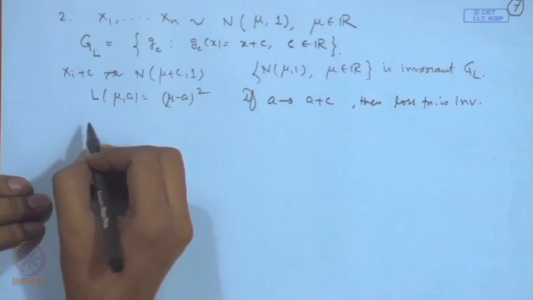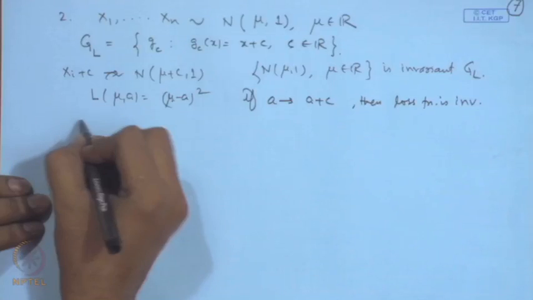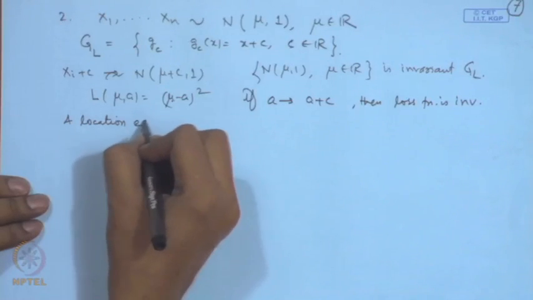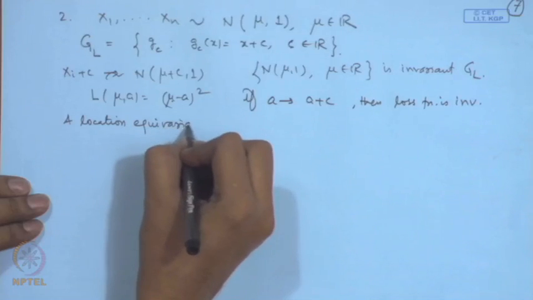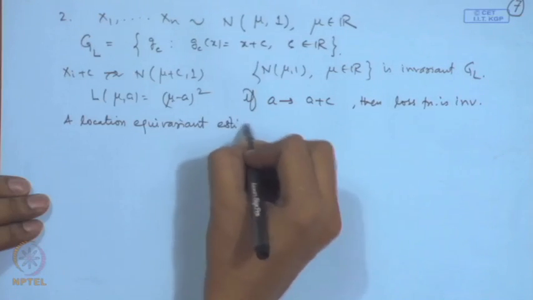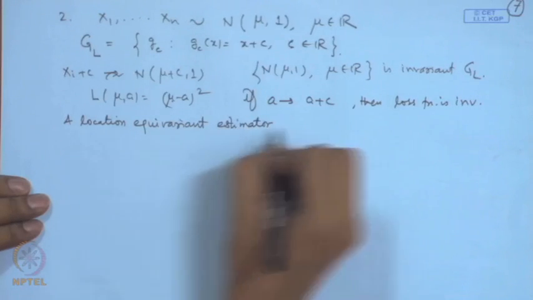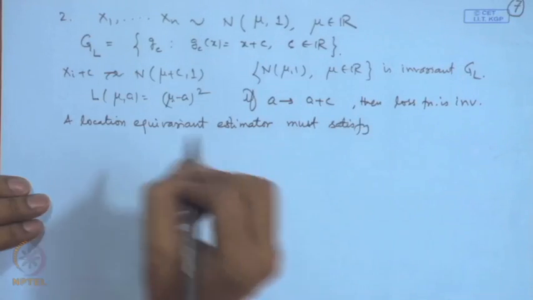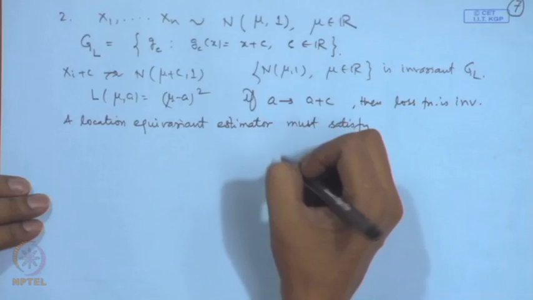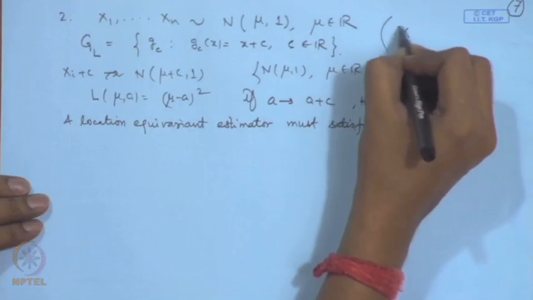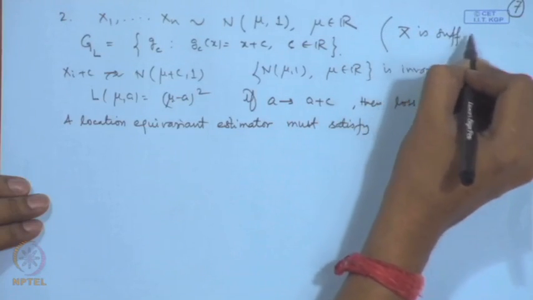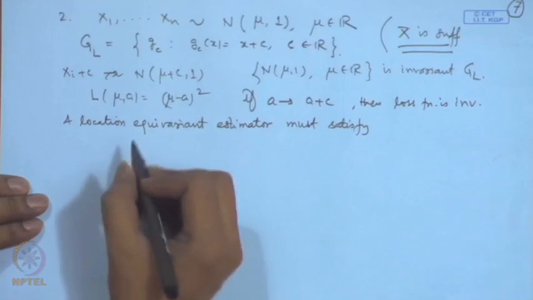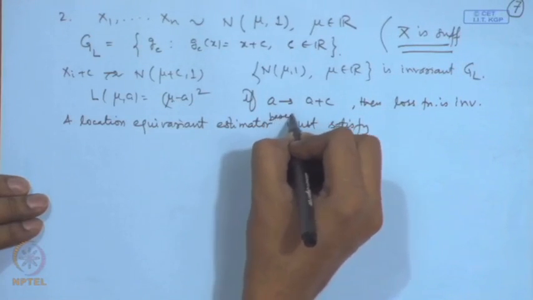So, now let us find out the form of a location equivariant estimator. Now, in this problem X̄ is sufficient. So, we will restrict attention to estimators based on X̄.